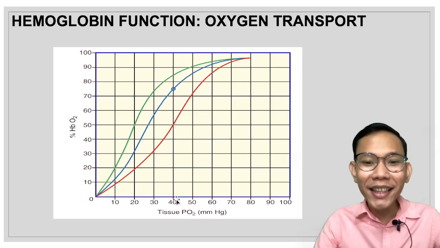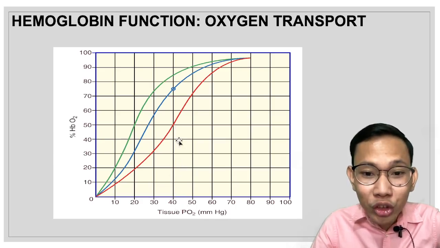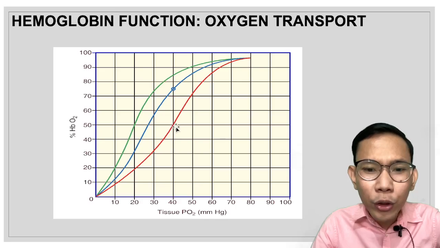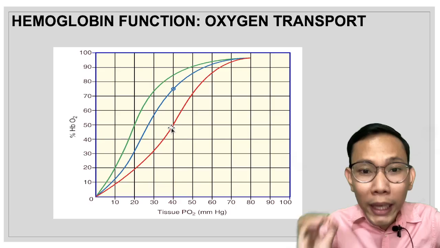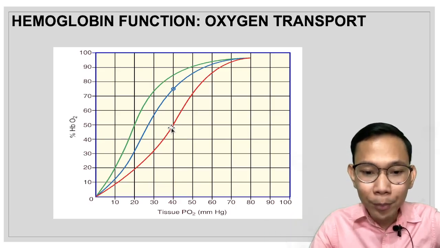Gets? Again, at 40 mmHg, the red or shift to the right curve is 50% saturated. Therefore, how much is left? 50% is willing to give up its oxygen.